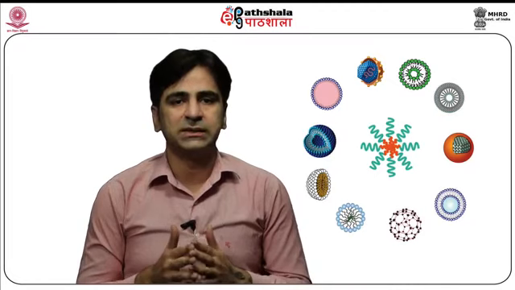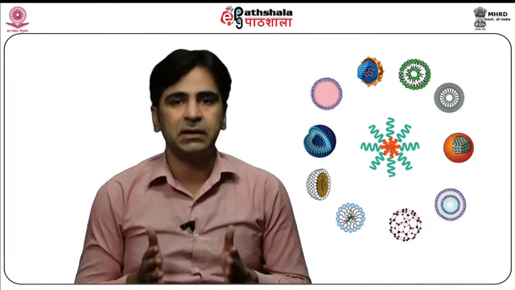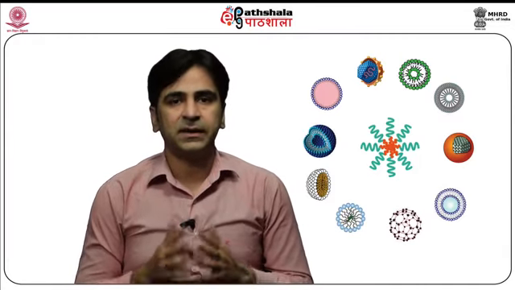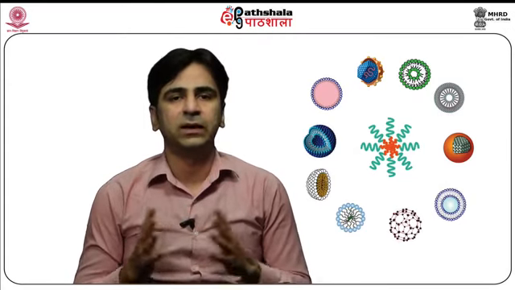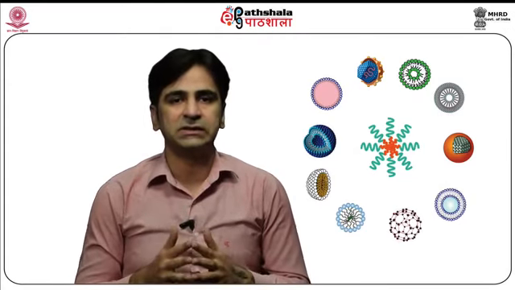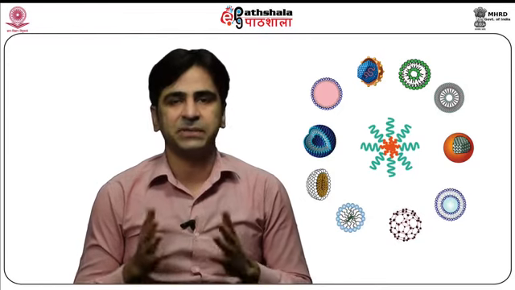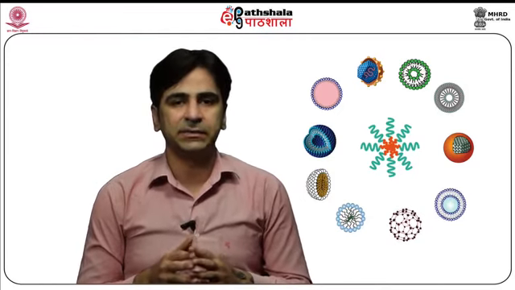Next type is superparamagnetic nanoparticles. Superparamagnetic molecules are those that are attracted to a magnetic field but do not retain residual magnetism after the field is removed. Nanoparticles of iron oxide with diameter in the range of 5 to 100 nanometer have been used for selective magnetic bioseparations.